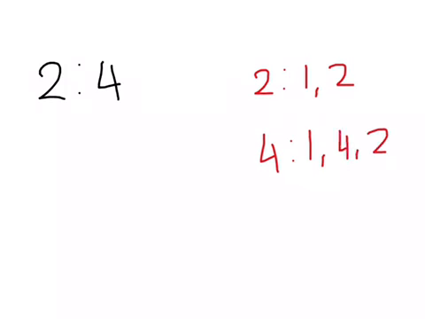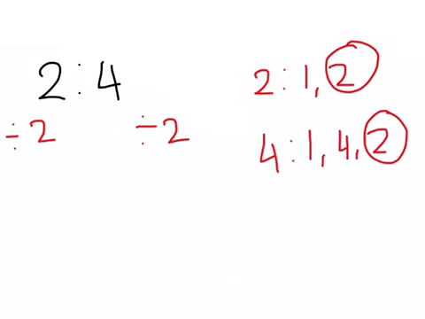My factors of 2 are 1 and 2, and my factors of 4 are 1, 4, and 2. So the highest one that's common is 2. I need to divide both of these numbers by my highest common factor, which means my simplified ratio will be 1 is to 2.